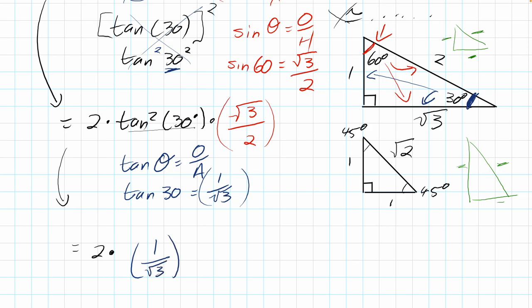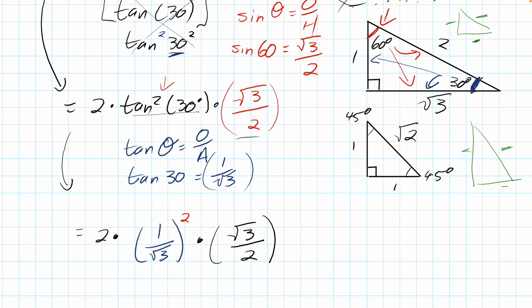Now, the one caveat is, remember this is squared, so I still have to keep that as squared. I actually haven't gone through the squaring process. I just figured out what tan 30 was equal to. But don't forget that this is also still multiplied by root 3 over 2.